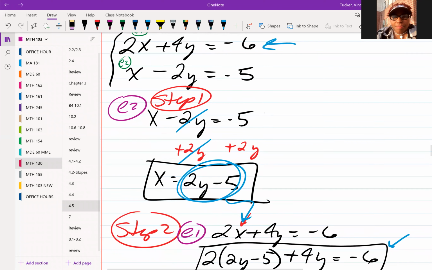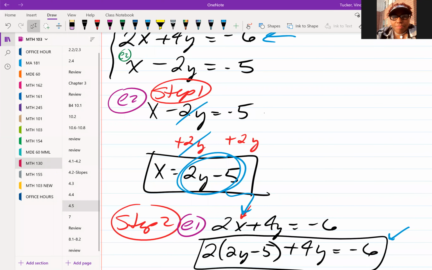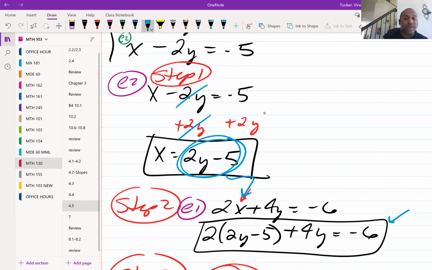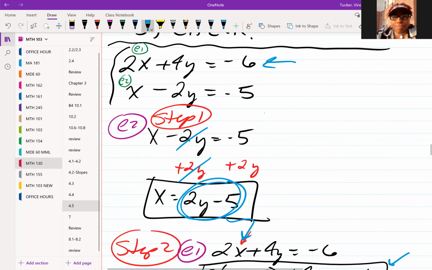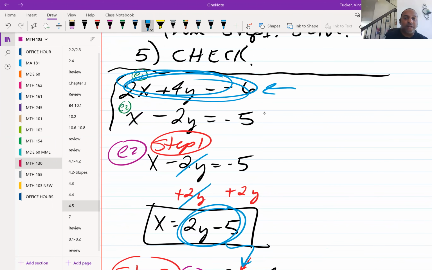I'm trying to figure it out. Let's go back over that one again. Well, all we did was plug it in for x. You substitute in 2y minus 5 for x. So you take this equation and you see where x is, right? It's 2 times x.